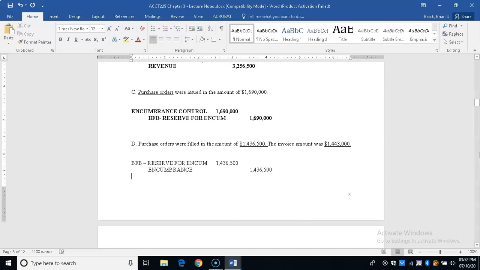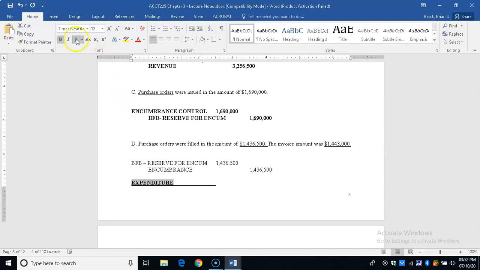Okay. And then it says you have an invoice for $1,443,000. So if you have an invoice, you have expenditure because it's saying pay this bill. So it's an expenditure, it's not an expense. The reason why it's expenditure is because this is modified accrual basis of accounting.